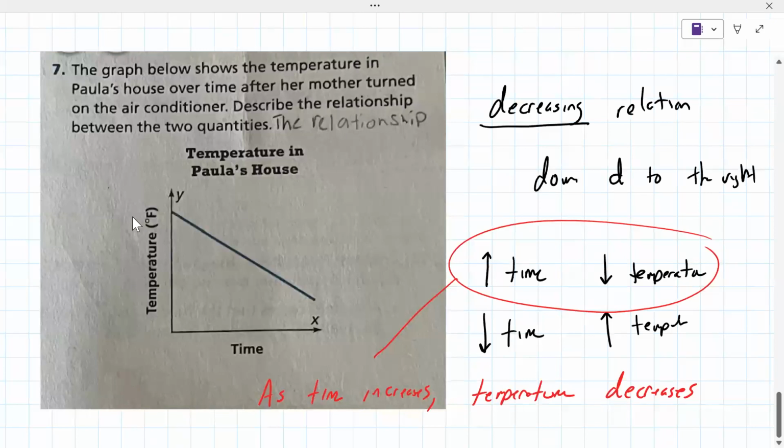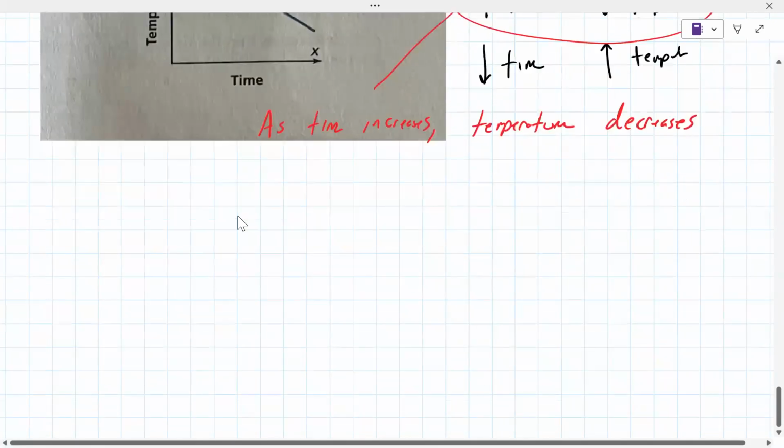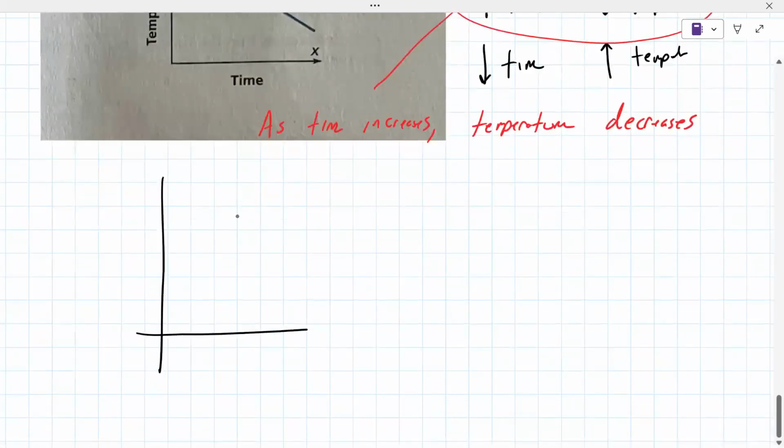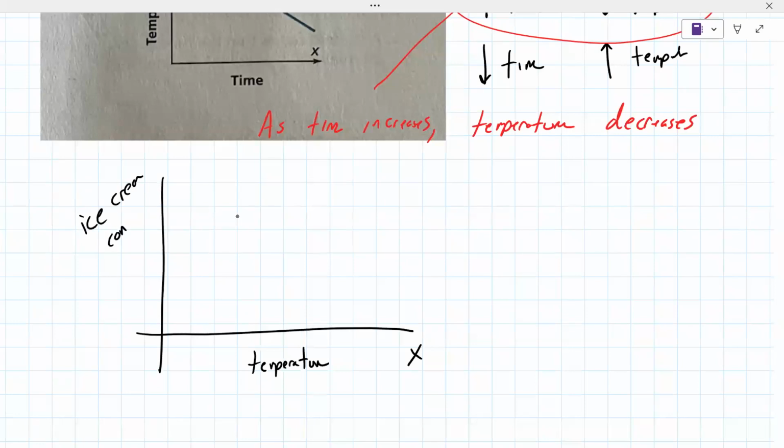Okay, let me give you the other possibility that you might see, which is an increasing relationship. We talked about this earlier: temperature can go on any axis, and ice cream cones. Is this an increasing or decreasing relationship?